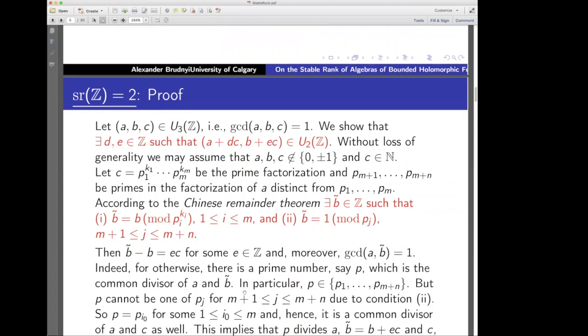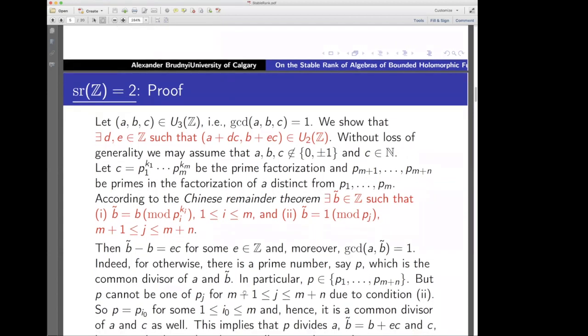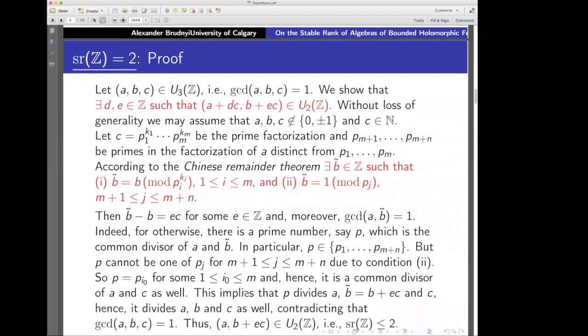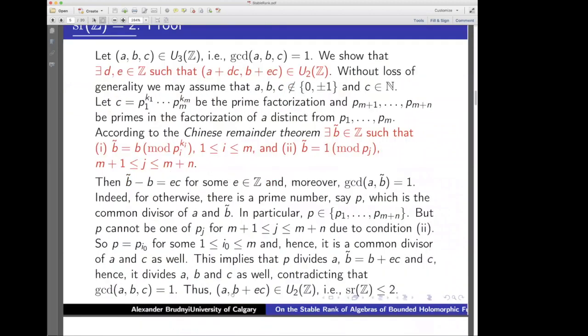And therefore, if it is true, then p is a common divisor of a and c as well, right? Why?